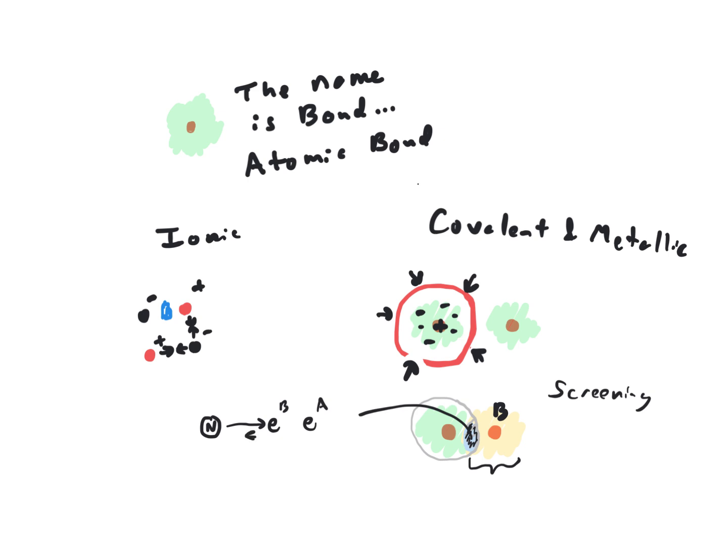And so the consequence then is that as the two atoms get closer together, the electrons from one atom get attracted to the nucleus of the other. And so that produces this force that basically makes the two atoms get attracted to each other.